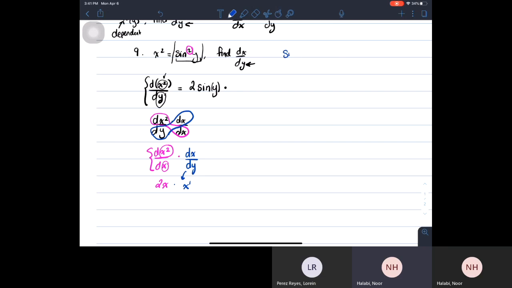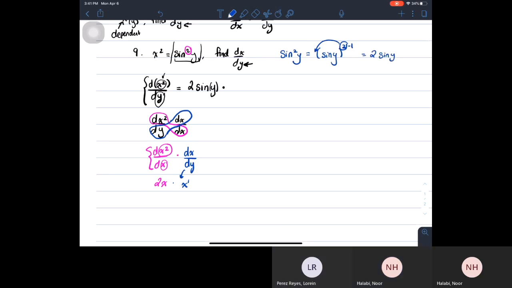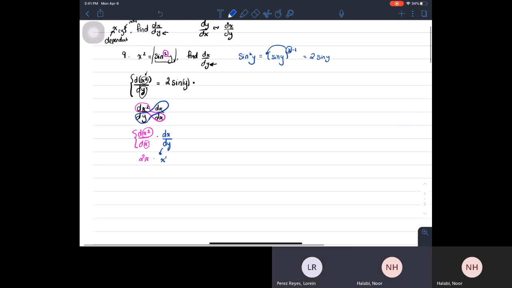So sine squared y is basically just us saying we have sine y, squared, right? So we took the derivative of this one, we dropped the exponent, and then we subtracted 1 to get 2 sine y. But there's one thing we haven't done.